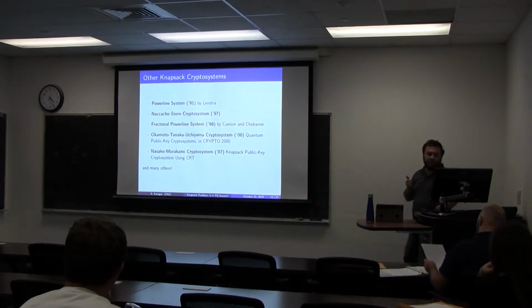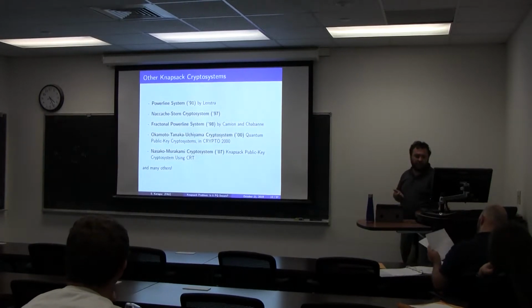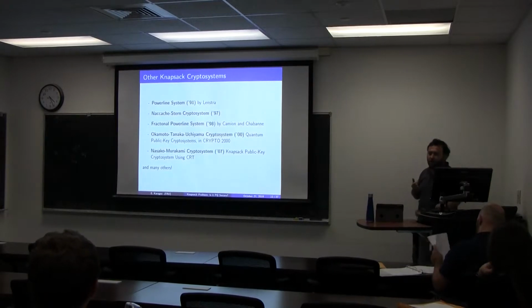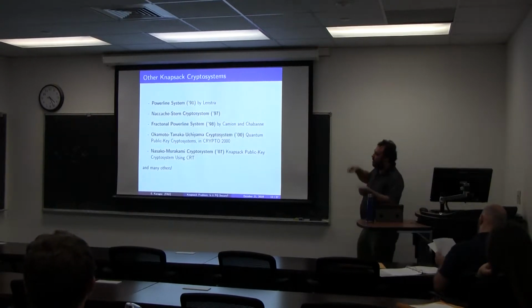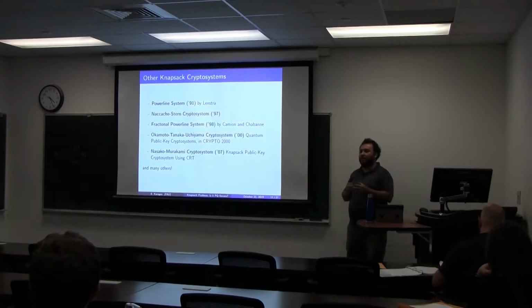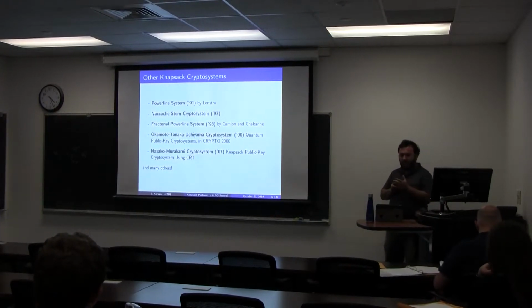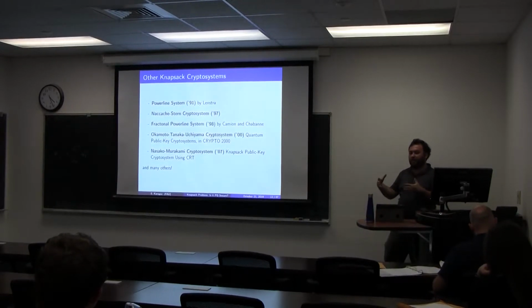Other knapsack crypto systems are the powerline system proposed by Lenstra, and the fractional powerline system proposed by Camion and Chabanne. These two powerline systems are variants of the Schwarz system, and they make a good change on it.